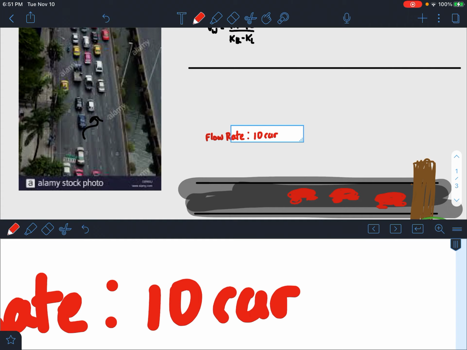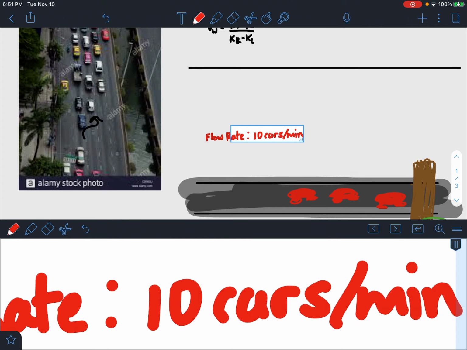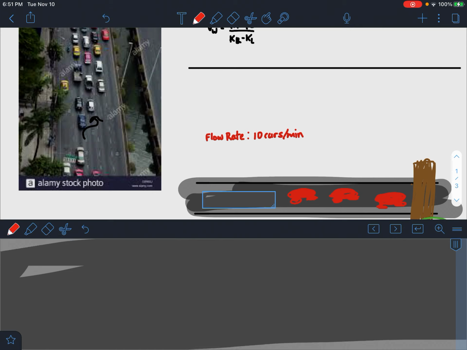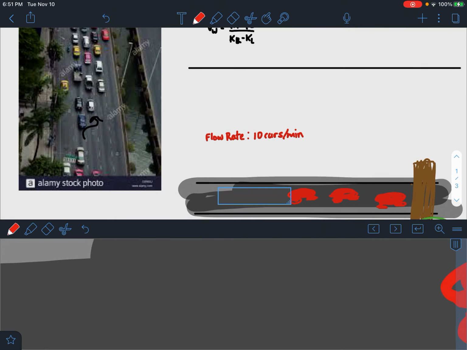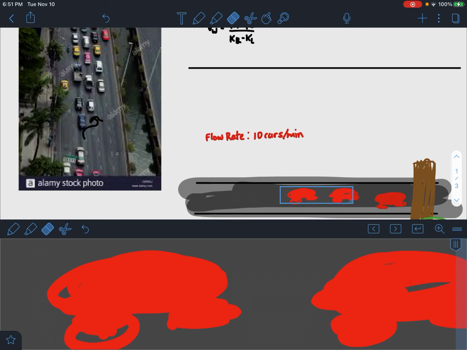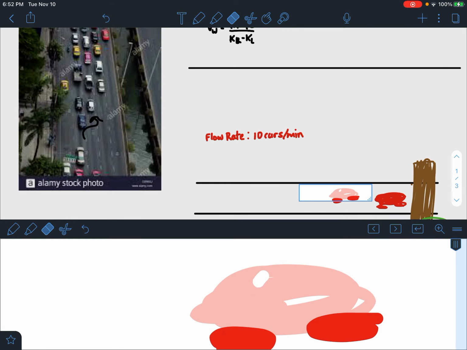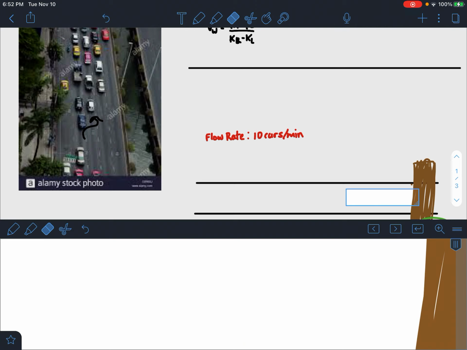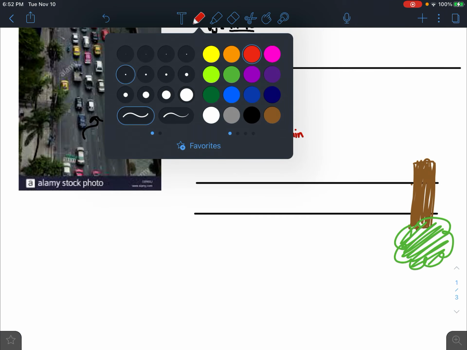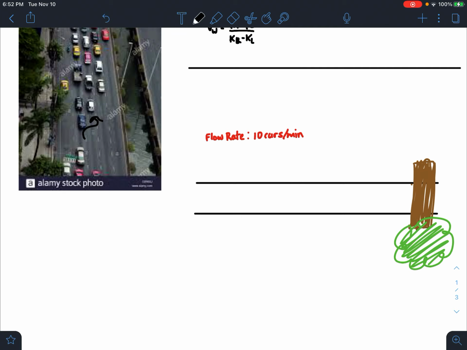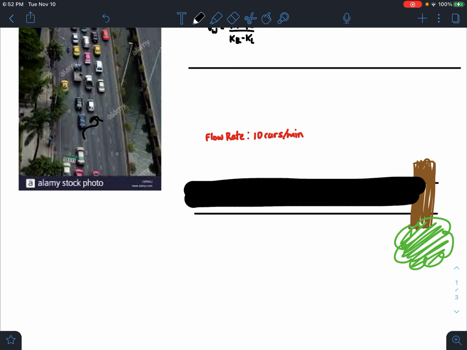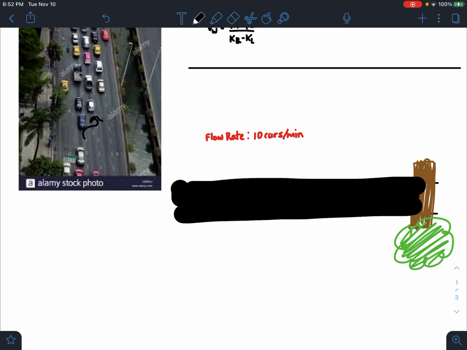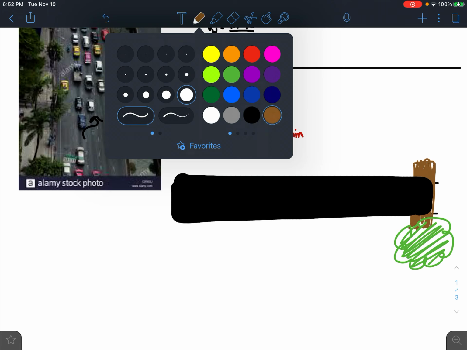Ten cars coming in each minute. Let me make this a little bit better. I'm going to say the tree fell over.